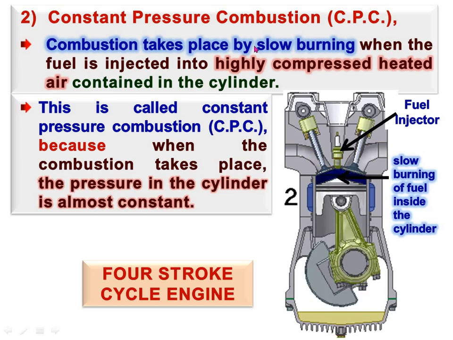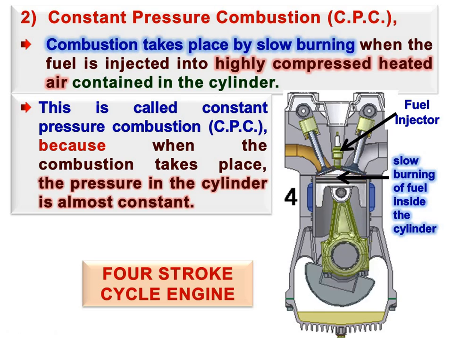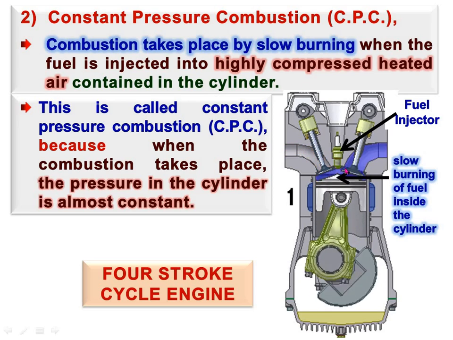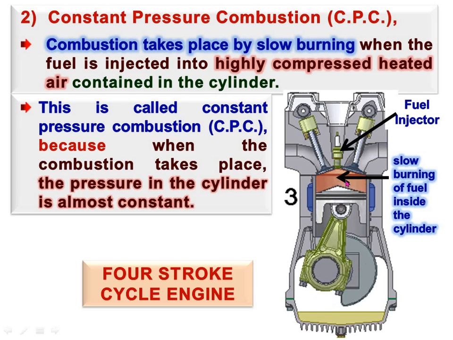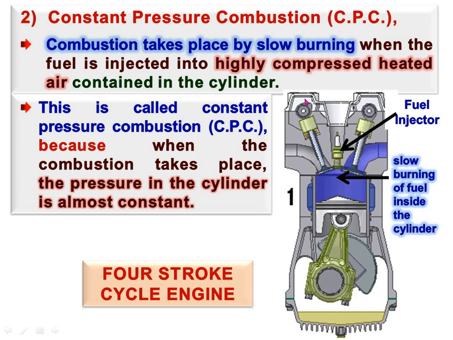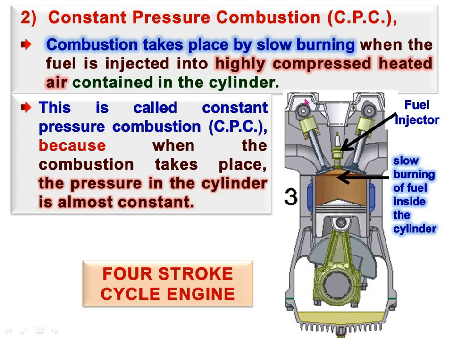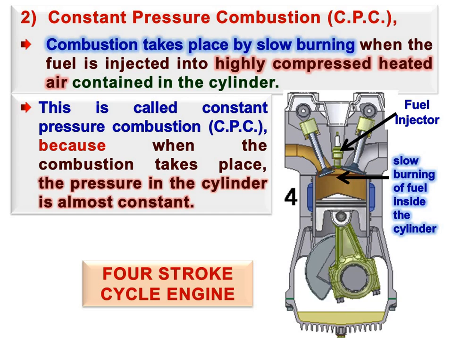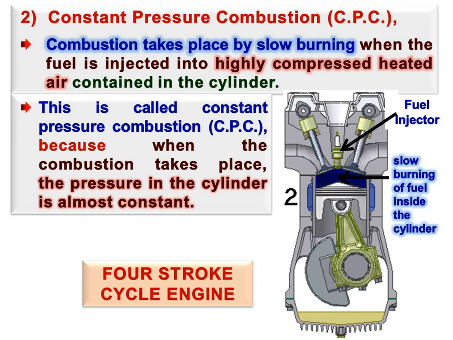So here burning of the fuel takes place slowly, or we can say combustion of the fuel takes place slowly within the cylinder. So it is called constant pressure because pressure does not rise suddenly; it is almost constant.